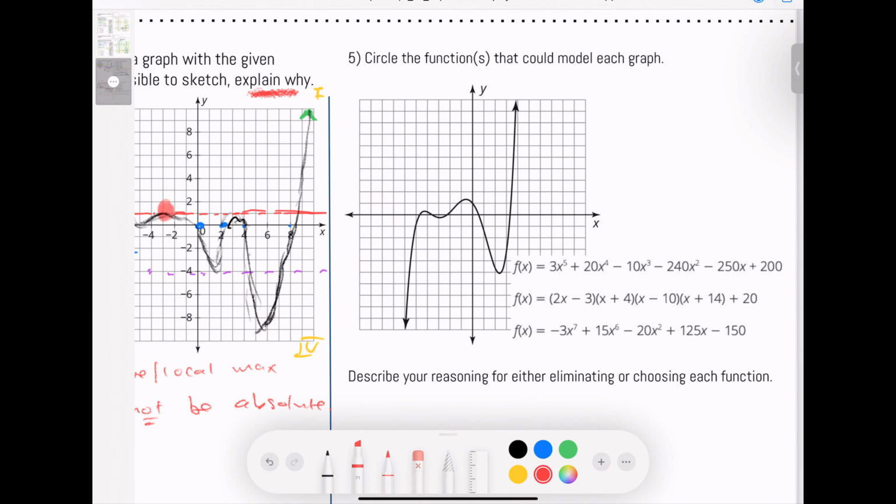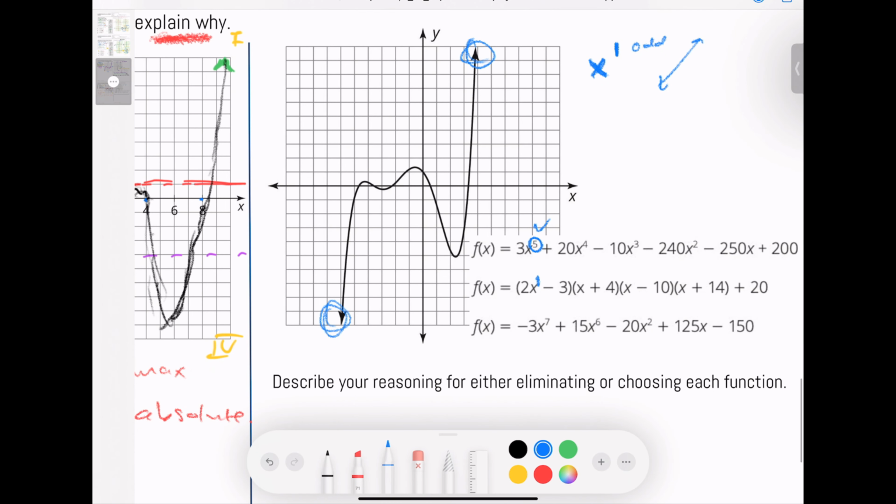Okay, number 5. The first thing I notice is the degree, x to the first. So this is an odd degree, right? So let's check. This is an odd degree. That matches. Let's count. 1, 2, 3, 4. This is x to the 4th. That is bad, so I'm not going to choose that one.